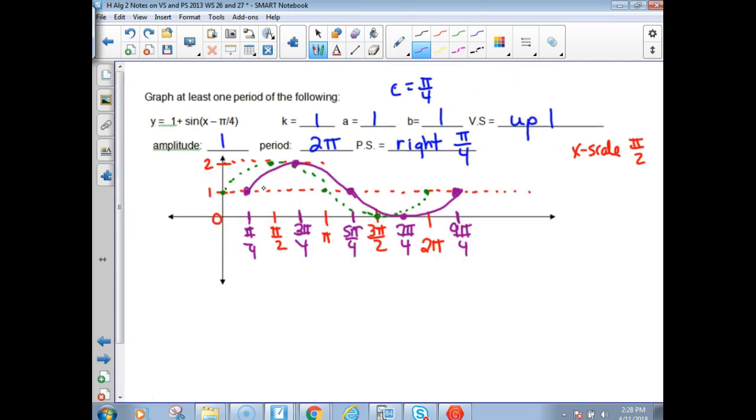I did. Okay. Pi over 4, 1. 3 pi over 4, 2. 5 pi over 4, 1. 7 pi over 4, 0. And the last one, 9 pi over 4, 1.